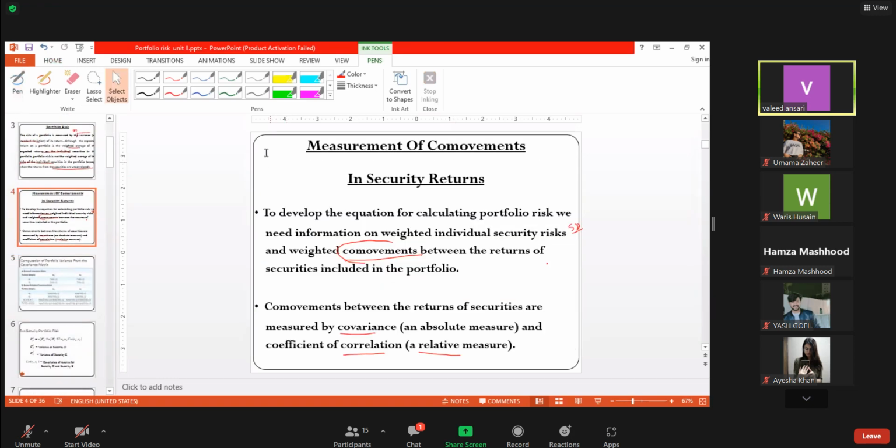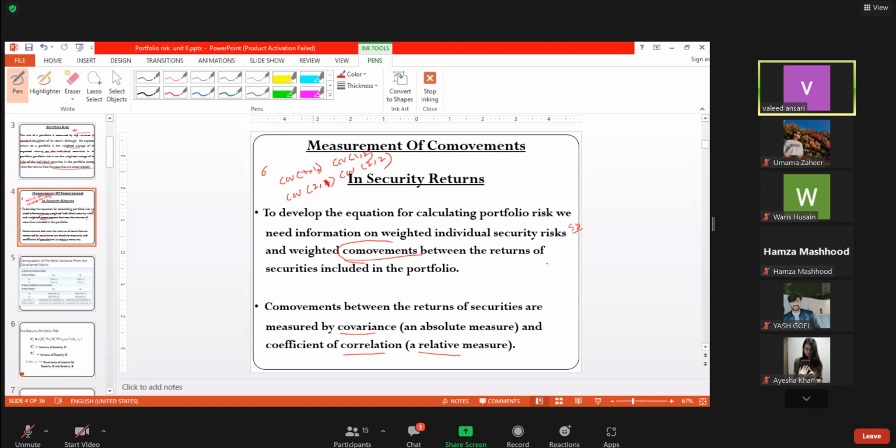Now, before I go to the next slide, I would like to explain that if there are two securities, please keep in mind, the first thing is that we have to take into account how securities 1 and 1 move together, how securities 1 and 2 move together, then how securities 2 and 1 move together, and how securities 2 and 2 move together.